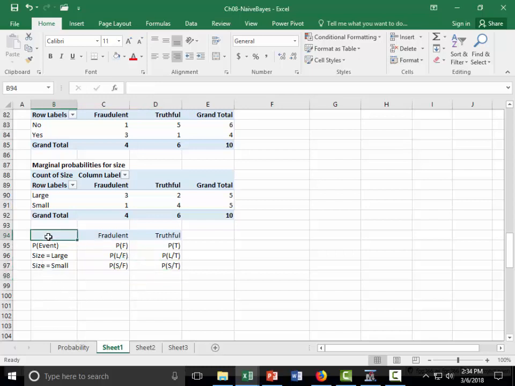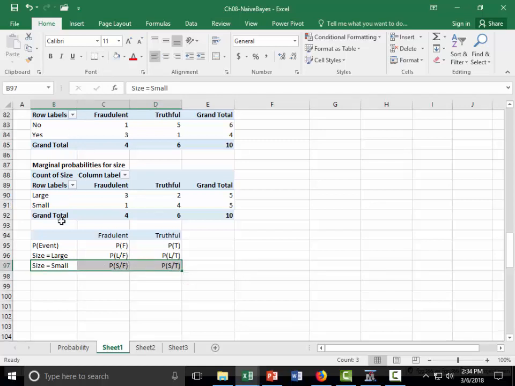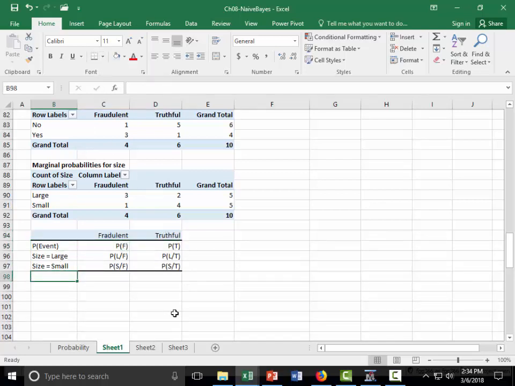Okay. So earlier we had the joint probabilities, now we are breaking them out into the individual probabilities, right? And then prior equal to no, and prior equal to yes.